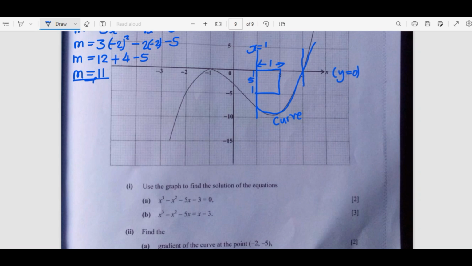The longer one is the length, then the shorter one is the breadth. Even if it's a square, we are going to consider it as a rectangle. So the area for a rectangle is L times B. What's our L? 5 centimeters times 1, so area is equal to 5 units squared. So this is the area of one complete box.